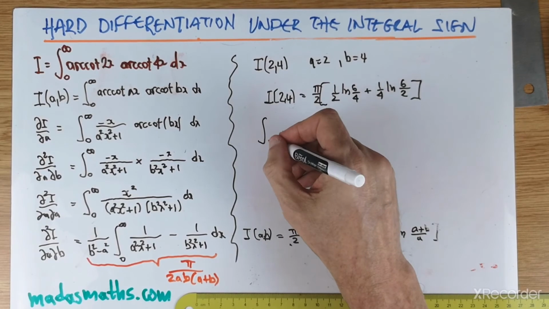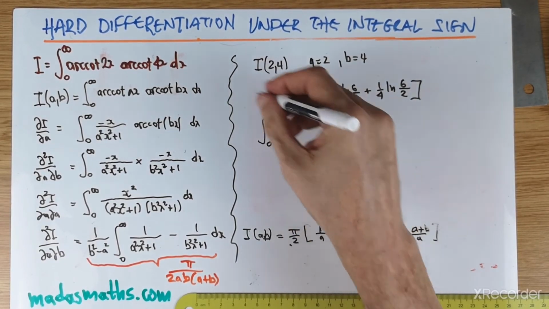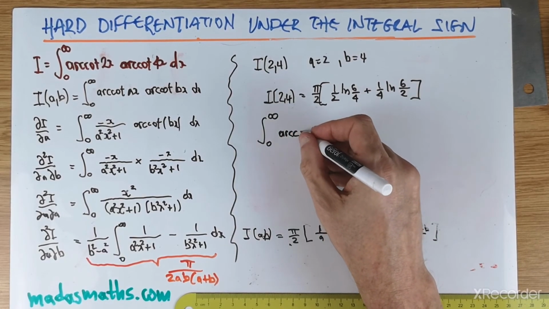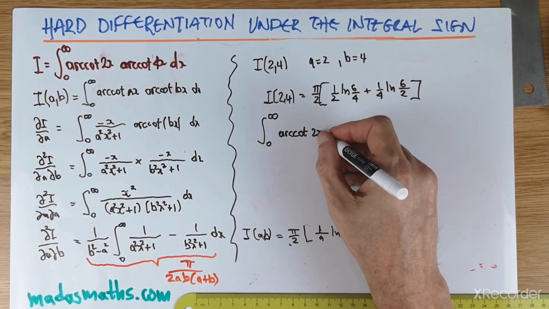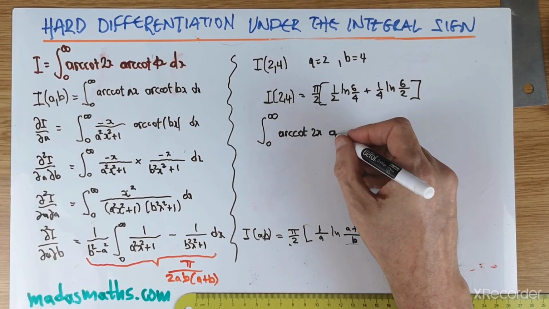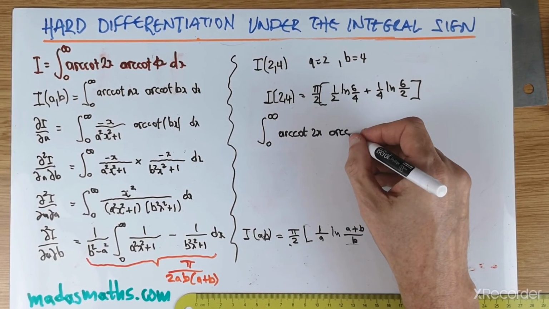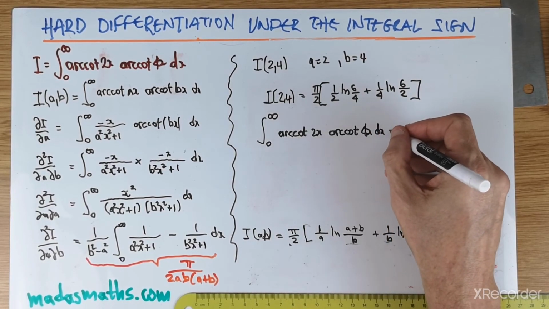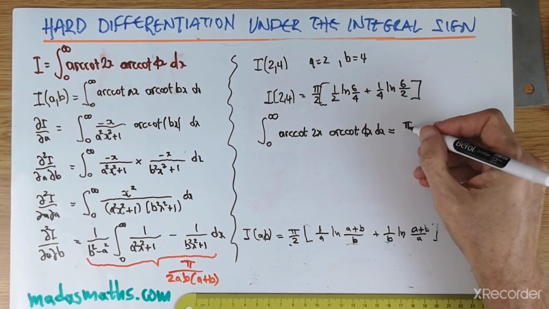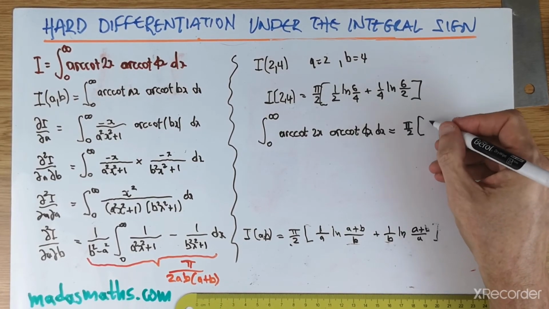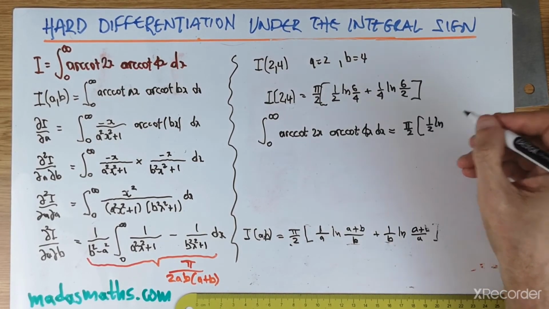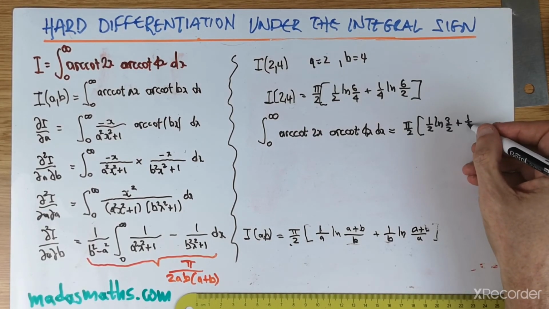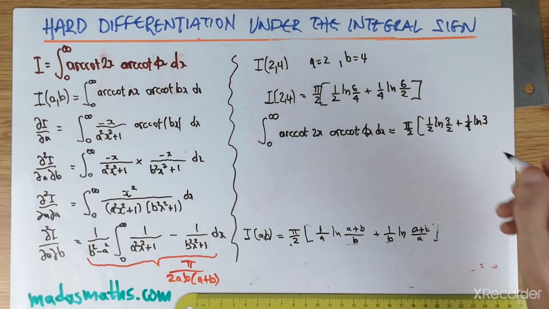So basically the integral from 0 to infinity, because that's of course the I of 2, 4. We spent all this time dealing with it, so might as well put the extra line to make it extra pretty. dx is equal to pi over 2, a half log of 3 over 2 plus a quarter log 3.